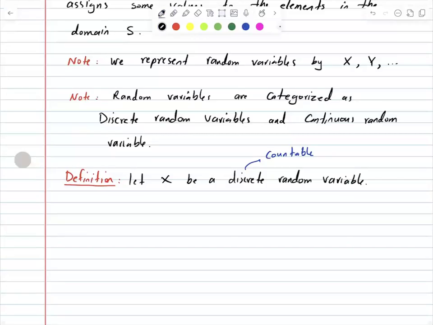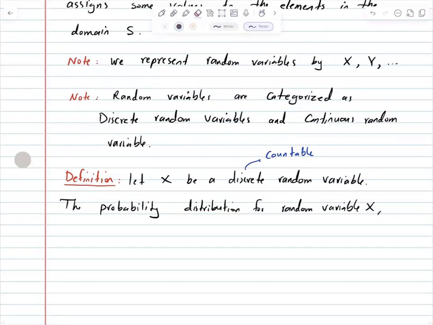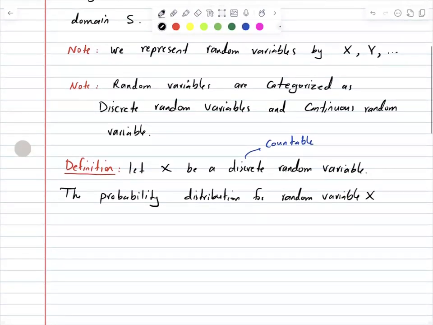The probability distribution for random variable X is defined as follows. It's basically the probability f of x is equal to the probability that random variable X is equal to x.